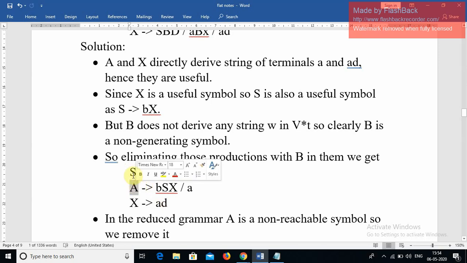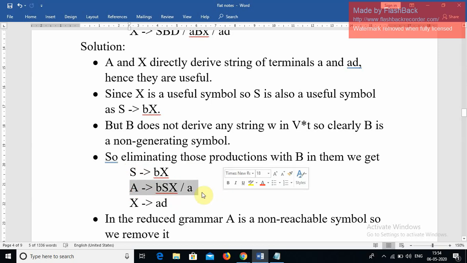From the starting symbol, are we reaching A? No, actually. Even though it produces a, which is a terminal symbol, even if it is a generating symbol, it is not a reachable symbol. So again we have to remove this also. Okay, so we are actually finding useless symbols.